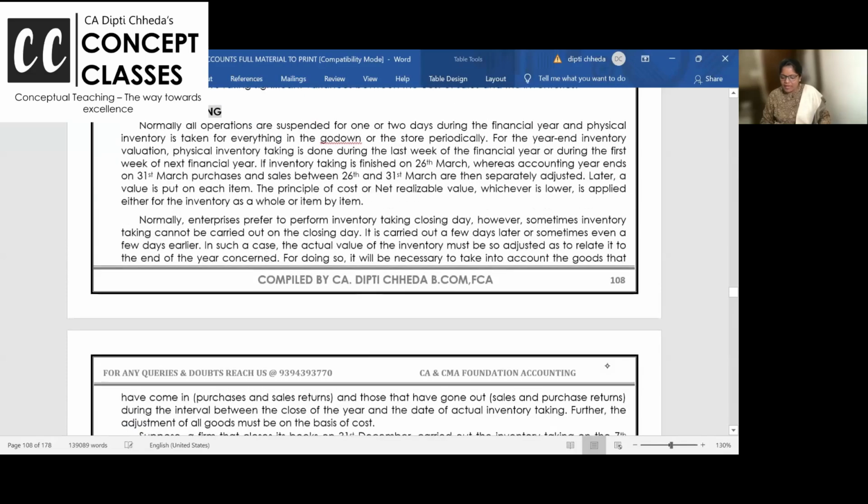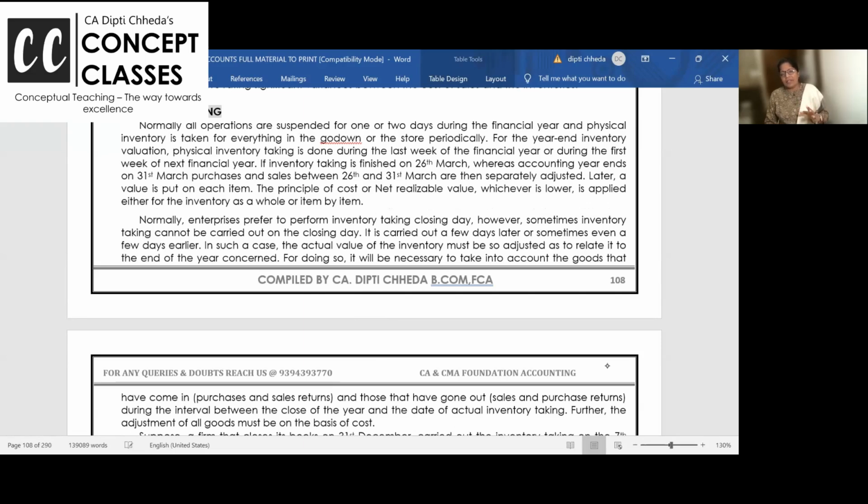For that, you all should read this para. Normally, all operations are suspended for 1 or 2 days during the financial year and physical inventory is taken. You know, when you take stock taking, you have to stop your business. See, if purchase and sale is going on, how will you count your stock?